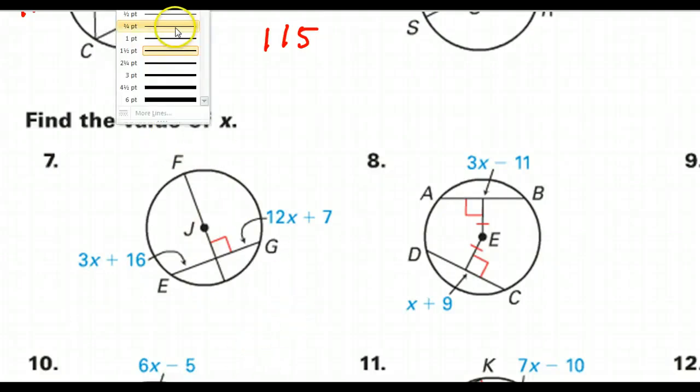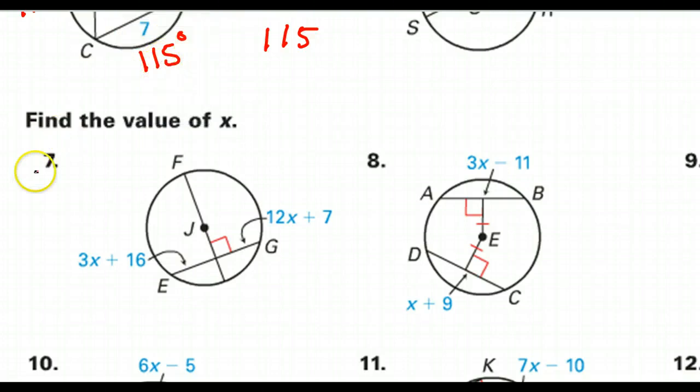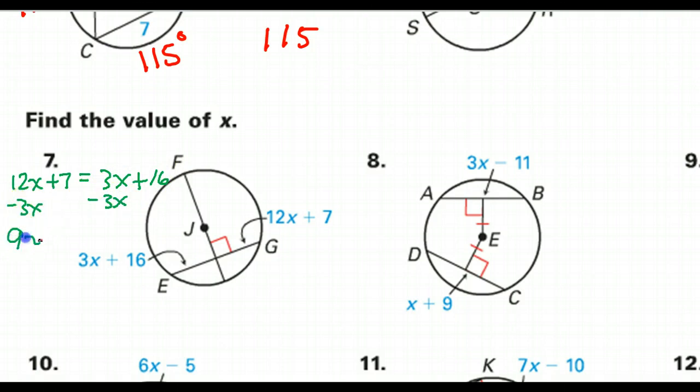Let me make this smaller so I can do the math. So I will go like this: 12x plus 7 is equal to 3x plus 16. Subtracting 3x from both sides gives me 9x plus 7 is equal to 16.